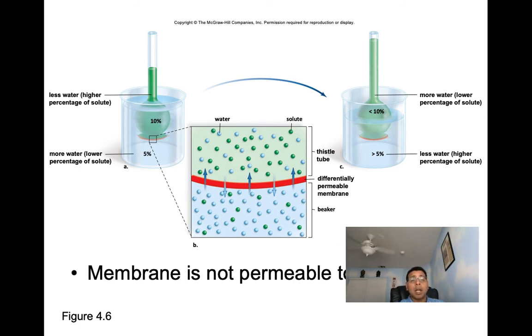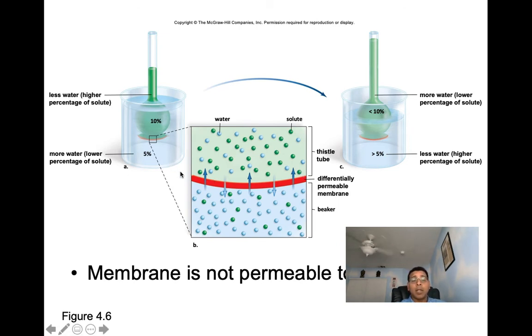Because there's a lower concentration of water inside of this tube compared to out here in the beaker. So water moves from a high concentration to a low concentration. What do we call that? Osmosis. So here you can see osmosis took place. There was a diffusion of water across the selectively permeable membrane because there was a concentration difference.